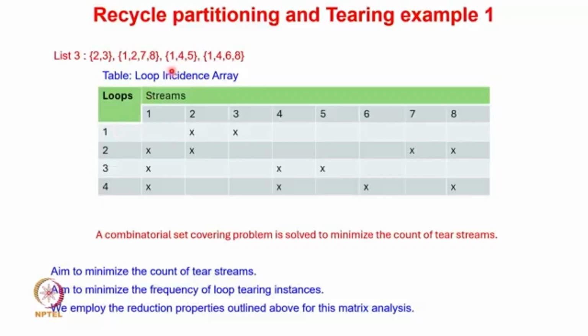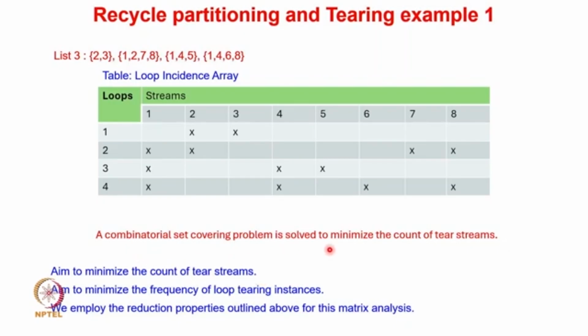Once this loop incidence array is found based on the loops we have obtained, we have to solve a combinatorial set covering problem. In this, what we have to minimize is the count of tear streams. And once we solve this problem, we go ahead with the calculations. Solving this set covering problem is not easy.